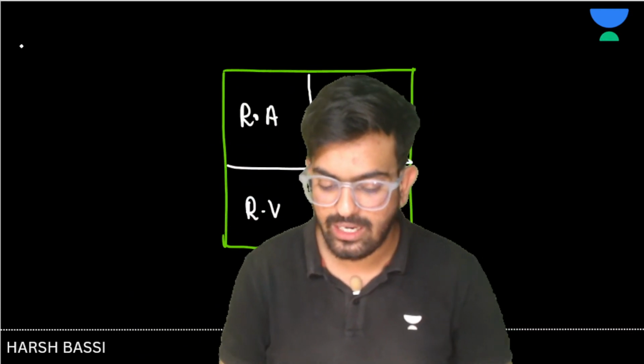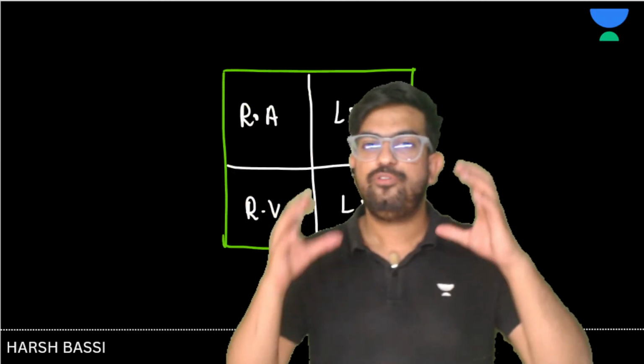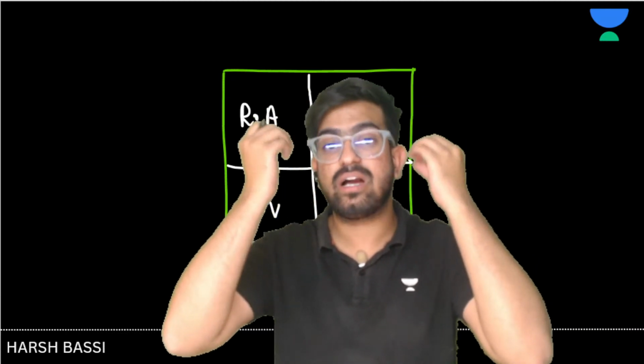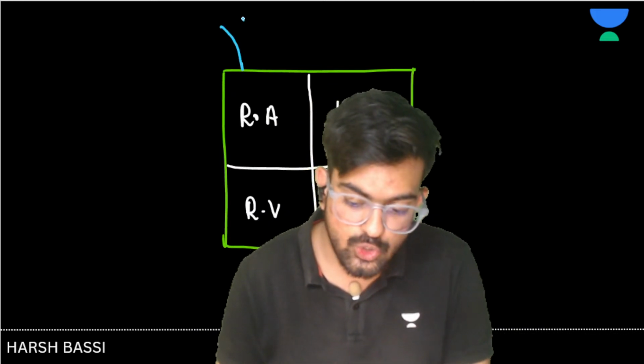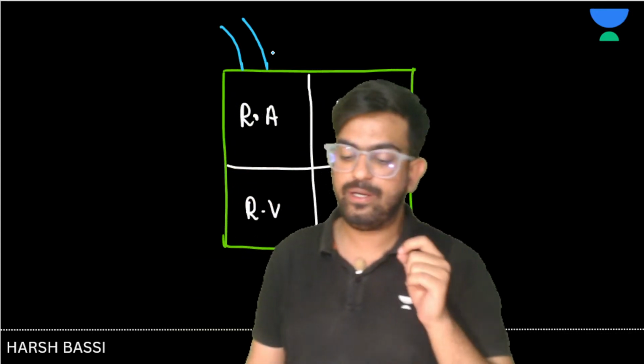What's happening is that there are some blood vessels coming in. See here. From the head, a blood vessel comes to the heart and that blood vessel is known as superior vena cava. And where will it open? It will open into the right auricle.